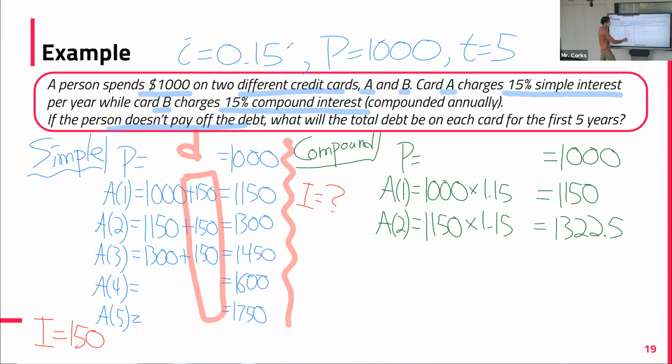Okay, so after 3 years, same thing, 1,322.5 times 1.15. We need the next number and a 5.